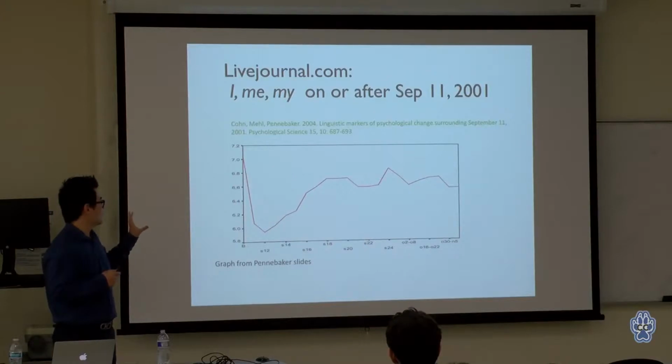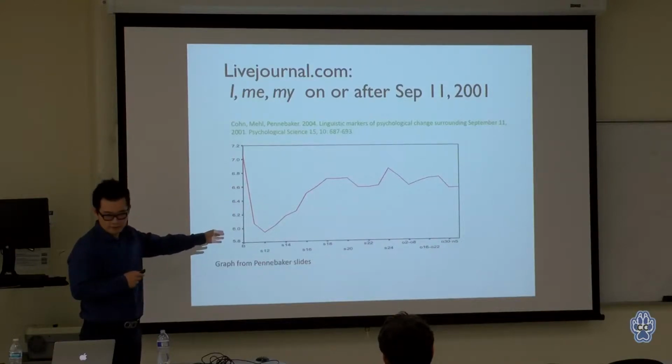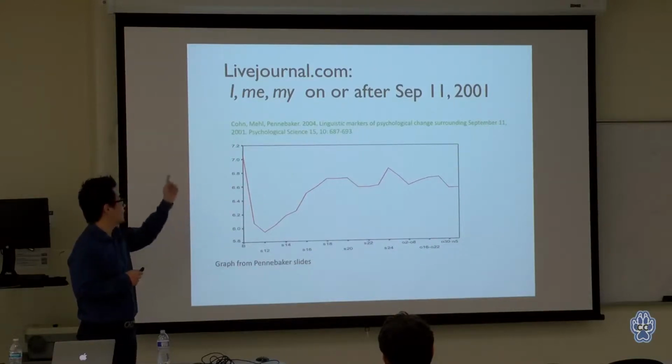This is essentially about trying to understand the usage of the words I, me, and my on or after September 11, 2001. In this case, you can see this is exactly September 11, and then there is a significant drop in the usage of these pronouns: I, me, and my.